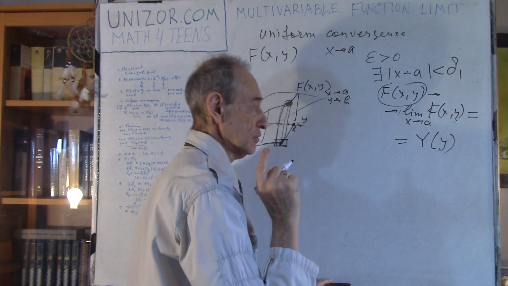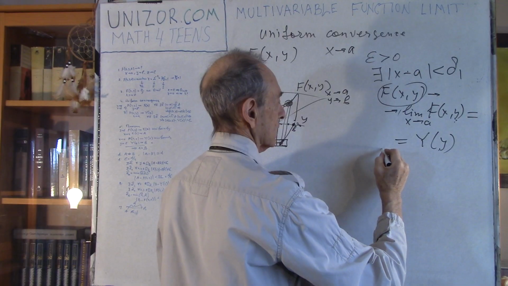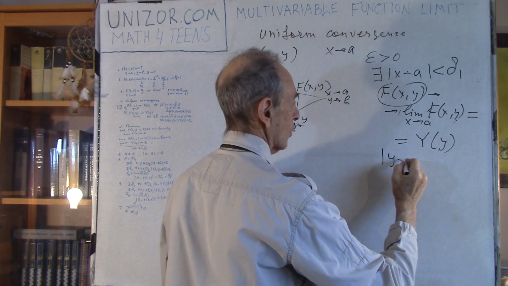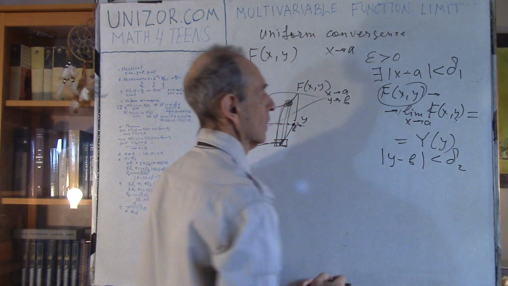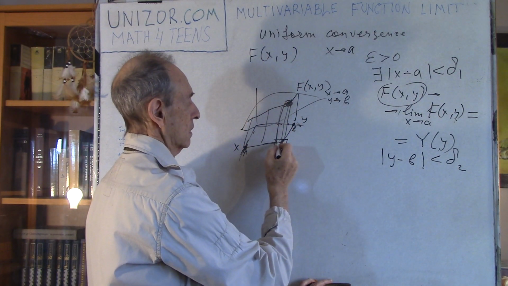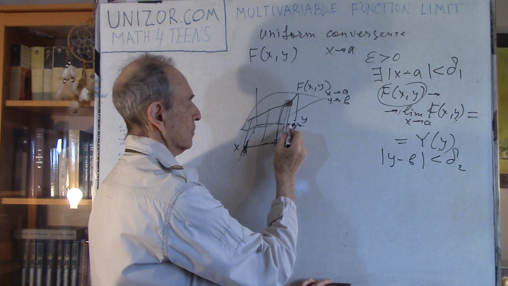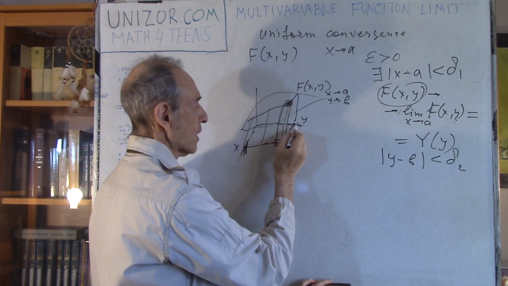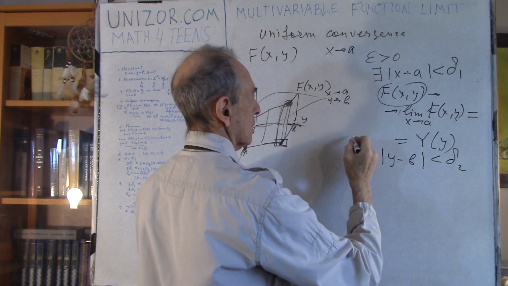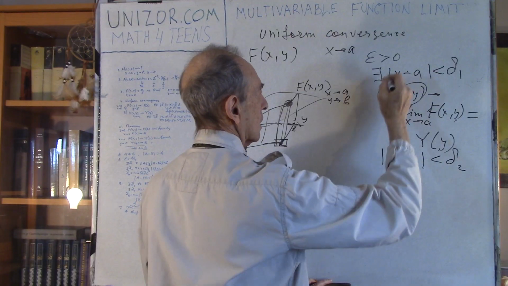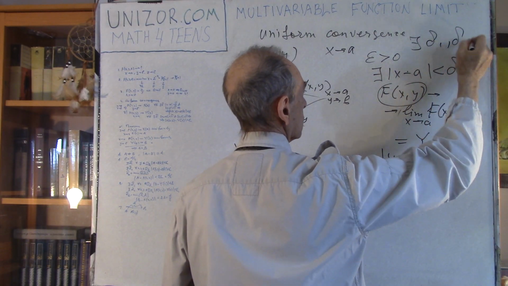But with uniform dependency, uniform convergence means that if y is also sufficiently close, let's say less than delta 2, to its value, so x goes this way, but then y is somewhere within this particular small area, less than delta 1. So there exist delta 1 and delta 2.